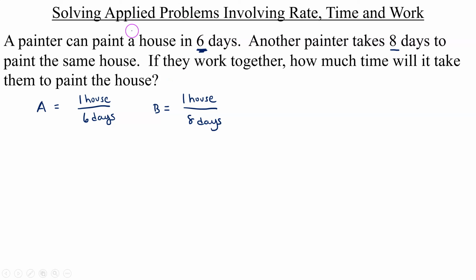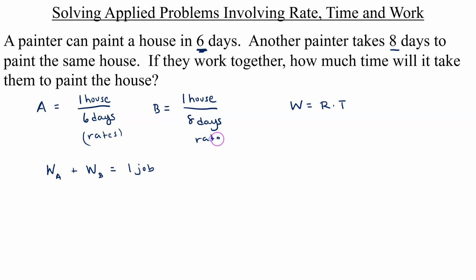And let's look at the equation we need to use to figure that out. We take the work that Painter A did, and we add it to the work that Painter B did, and it all adds up to one job being complete. But we need to know what the work is. Work is rate times time, and these fractions were rates.